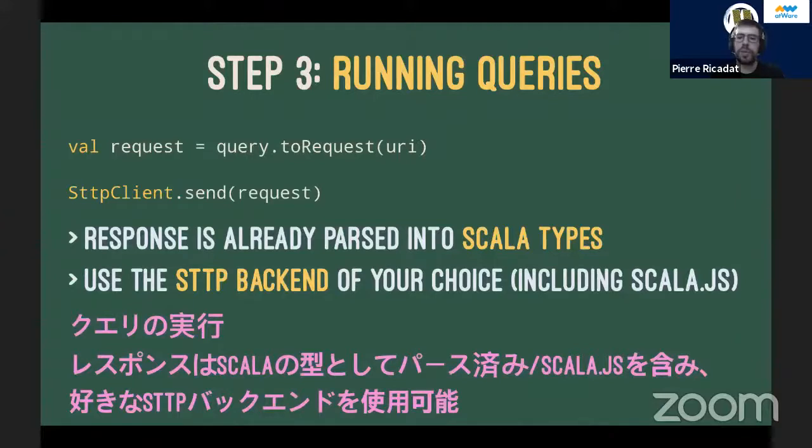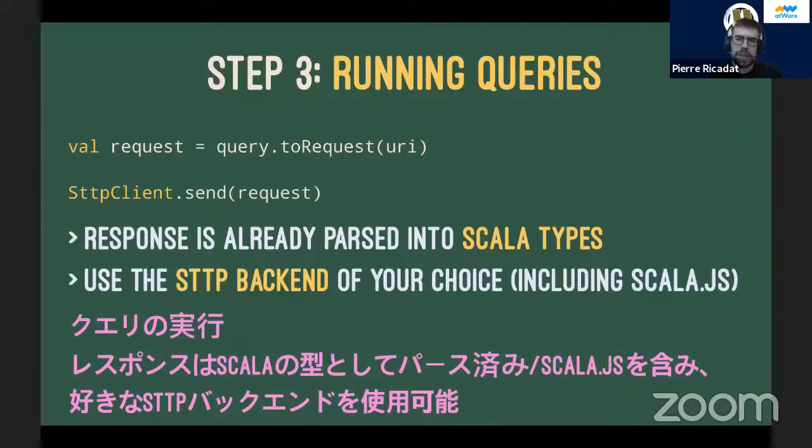You can use HTTP4S client, I think, or any actual client library. You just call toRequest from your query object, and you pass a URI, and it gives you an STTP request. Then you can use send in the STTP library to call it.